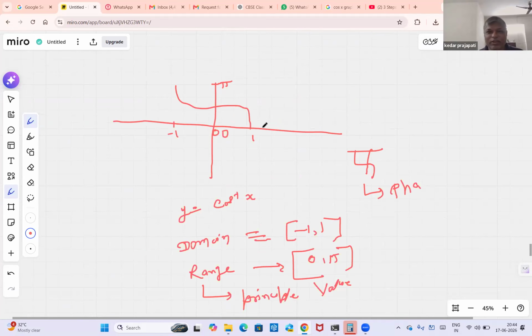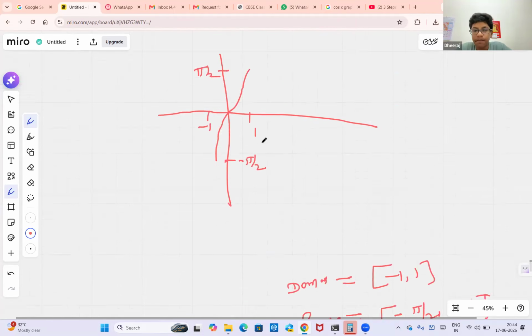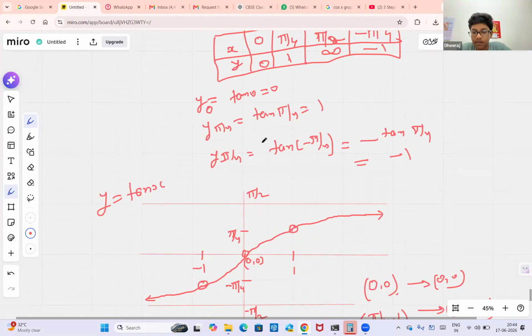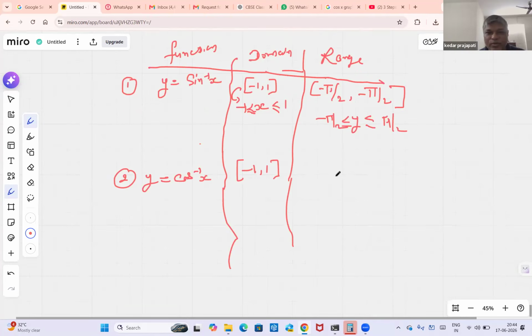Only the range is changed between sine and cos. You can remember that now: 0 to pi. Once we solve some questions, it will be clear.